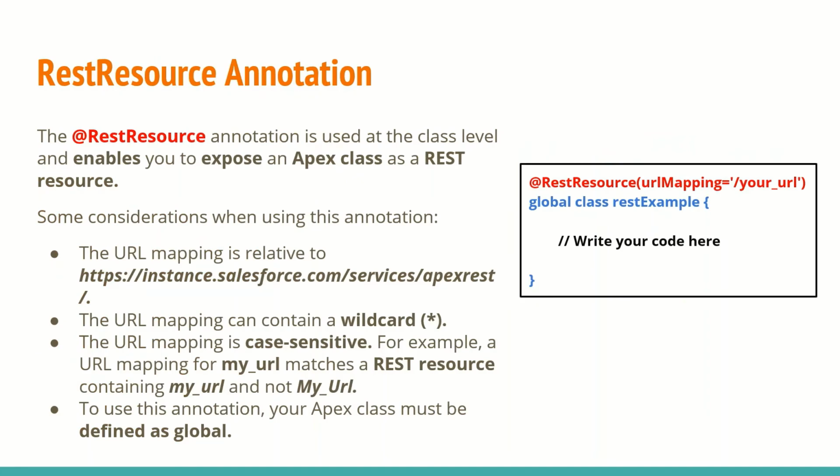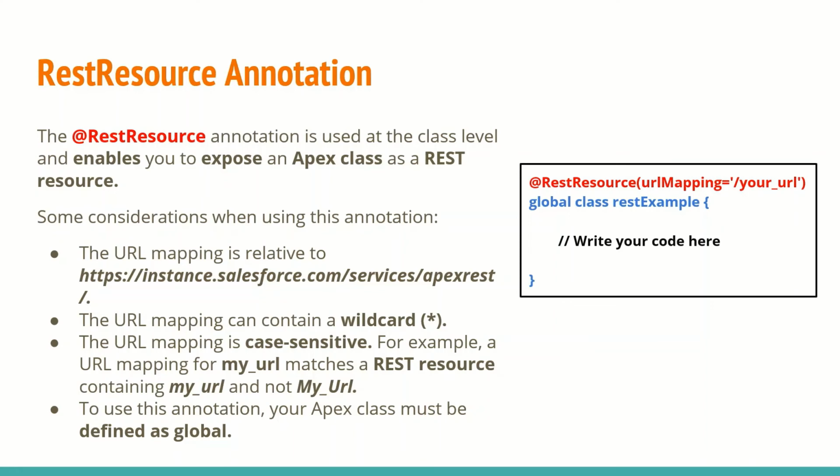The REST resource annotation is used at the class level and enables you to expose an Apex class as a REST resource. The URL mapping is relative to whatever URL you want to hit. The URL mapping can contain a wildcard, that is asterisk. The URL mapping is case sensitive.